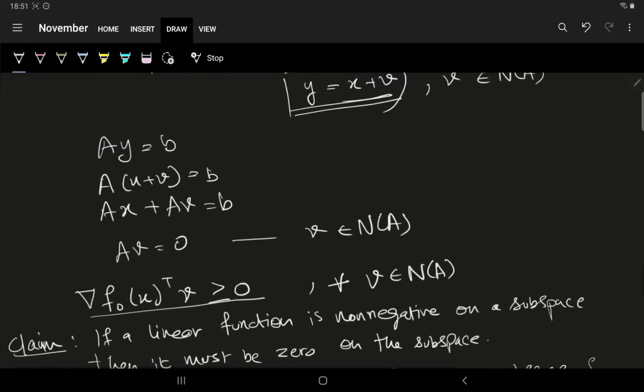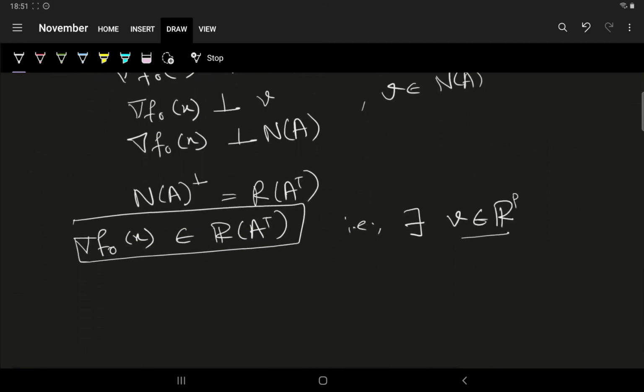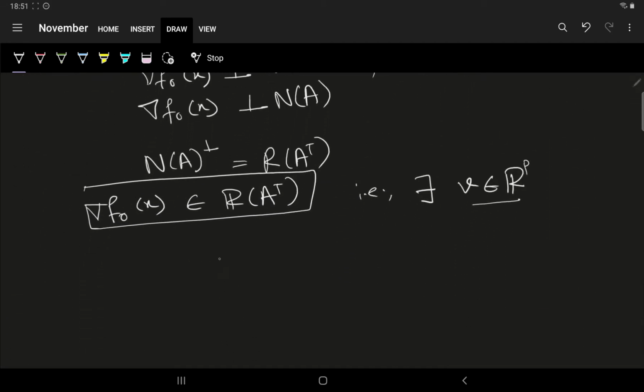We didn't mention it. Okay, so this means that there exists a v such that del of f naught of x plus A transpose v equal to 0.